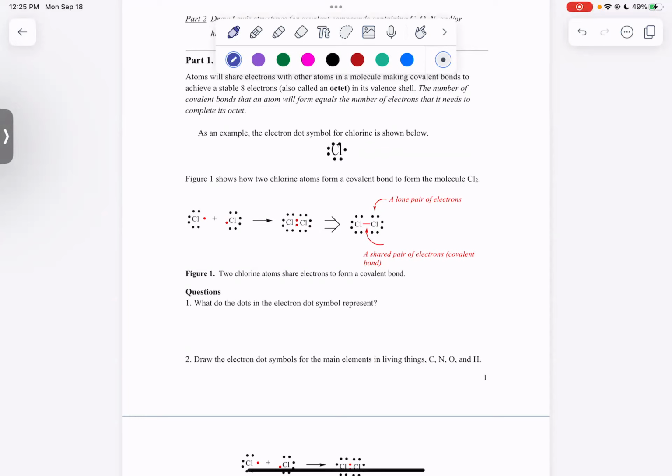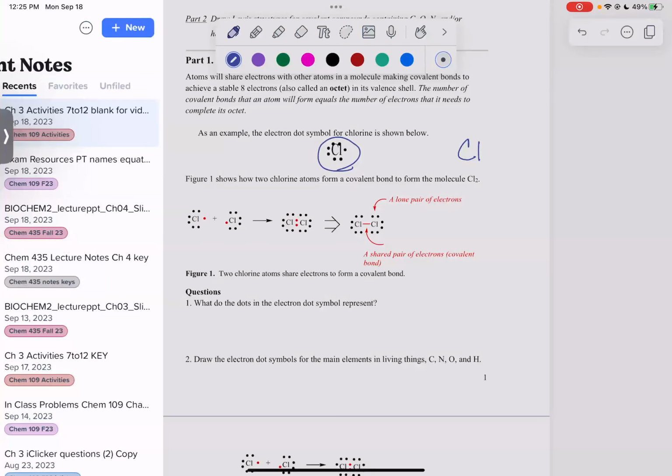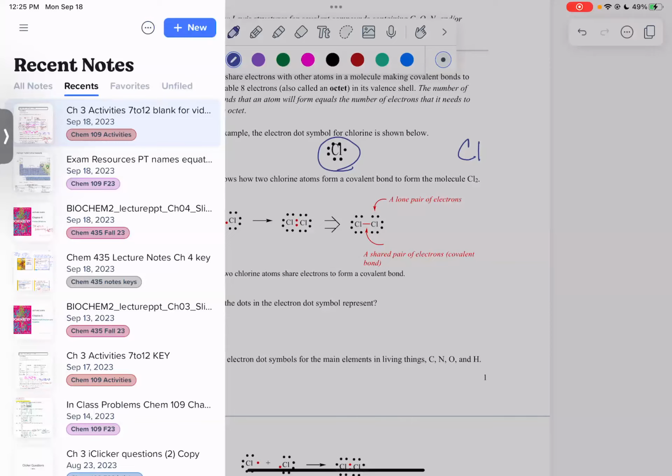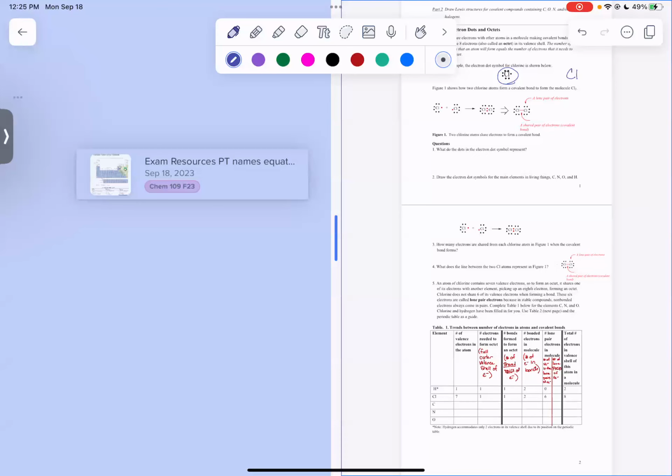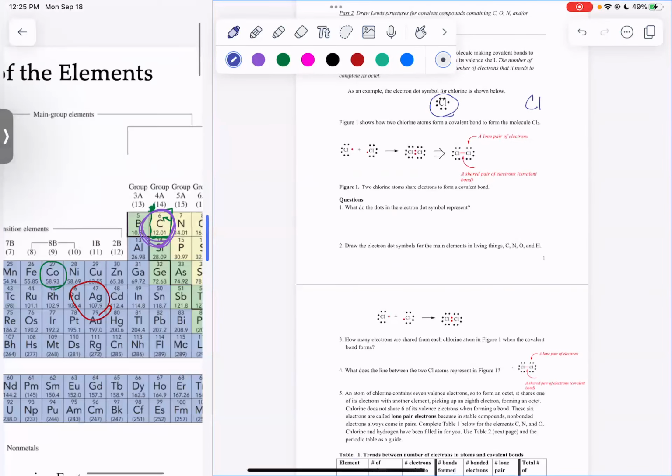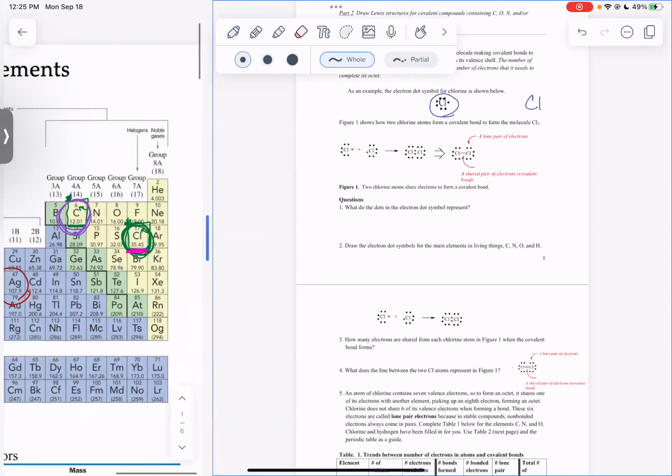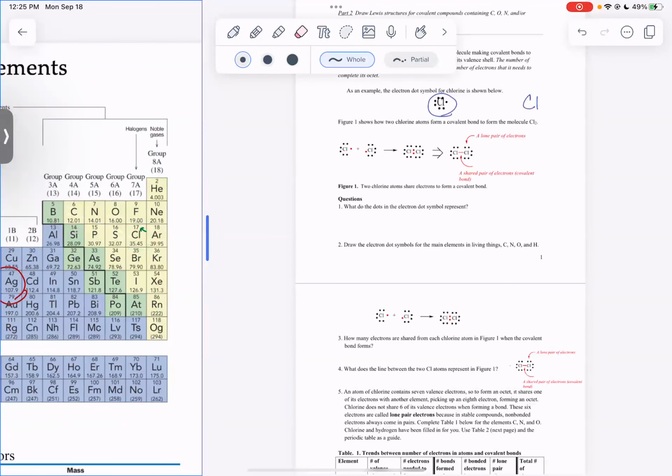All right, so if you have chlorine, this is our electron dot diagram for chlorine, and the way that you're supposed to do it is that you're looking for the number of valence electrons that chlorine has. And so if we pull up our best friend and we look at chlorine, what we will see is that chlorine is in group 7A.